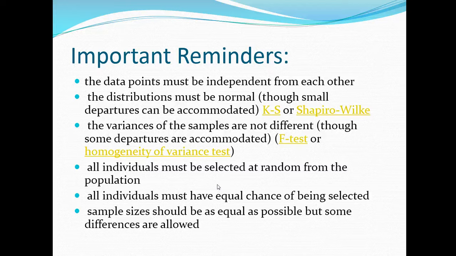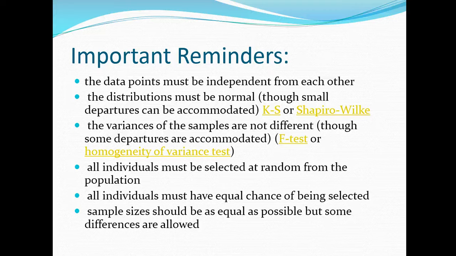There's always a section where you want to look at the homogeneity of the variance tests, and that has to be statistically significant so that you don't reject the null hypothesis that there is no difference in the variance of the sample. All individuals must be selected at random from the population, so you have your random sampling again as a requirement or as an assumption, and all individuals must have equal chance of being selected.